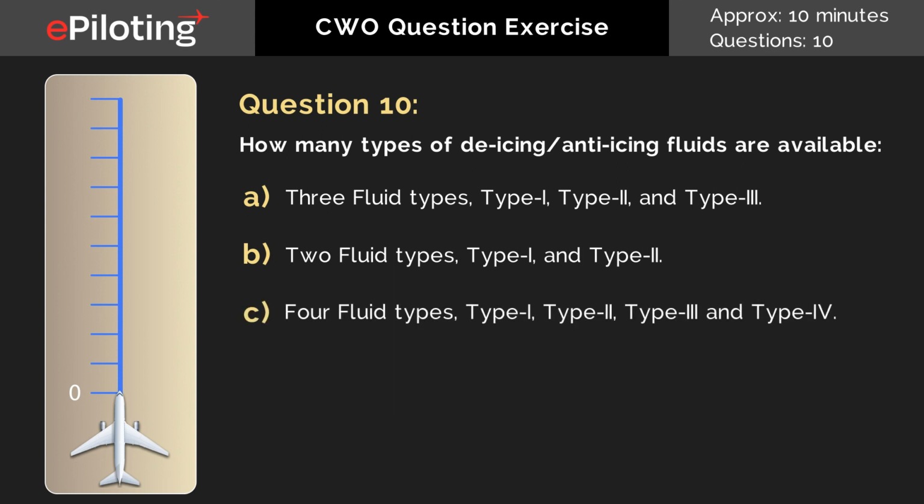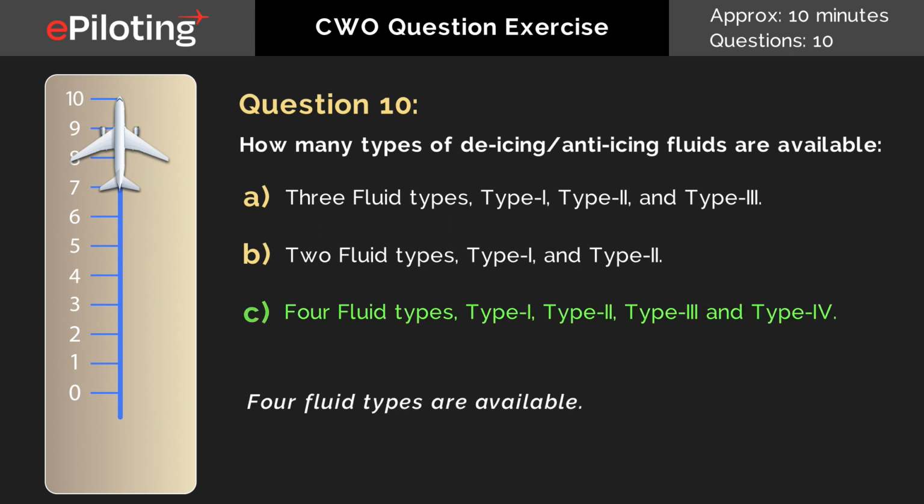C. 4 fluid types, Type 1, Type 2, Type 3, and Type 4. The correct answer is C. 4 fluid types are available.